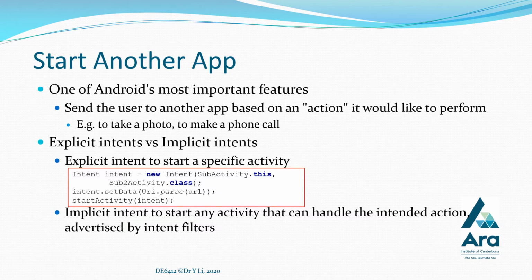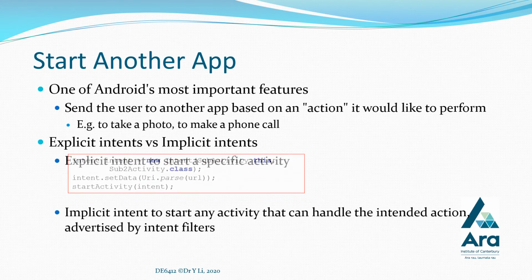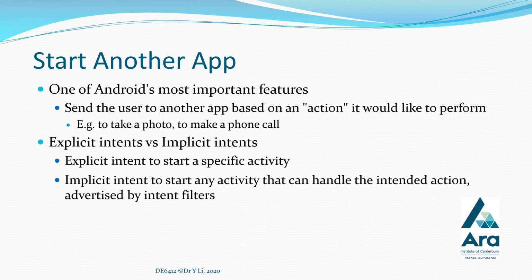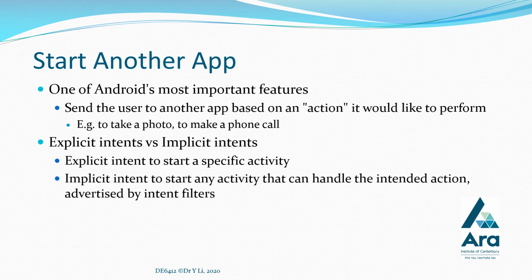The second type of intents are implicit intents, which don't specify the target component, but specify the action the component would take. We use an implicit intent to start another app. Those apps in the device which have an intent filter to fulfill this action would take action.